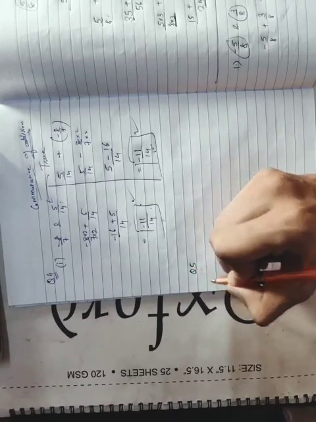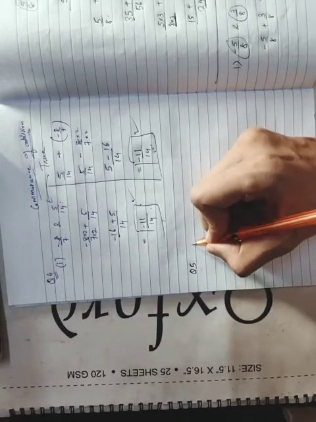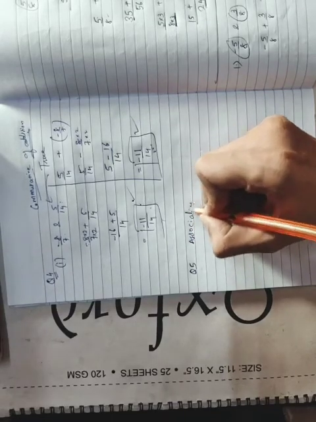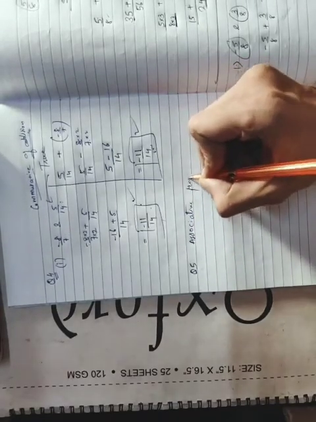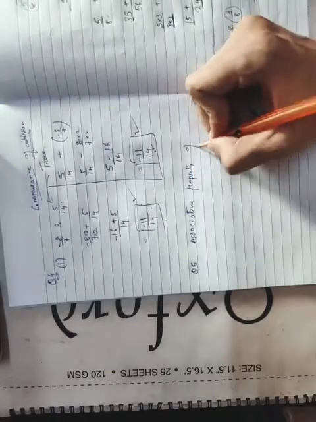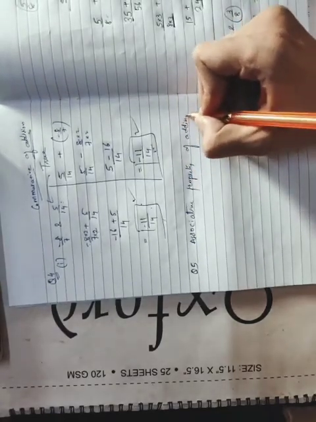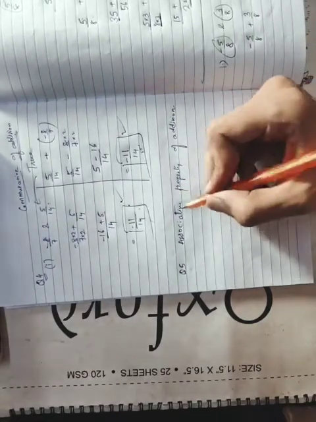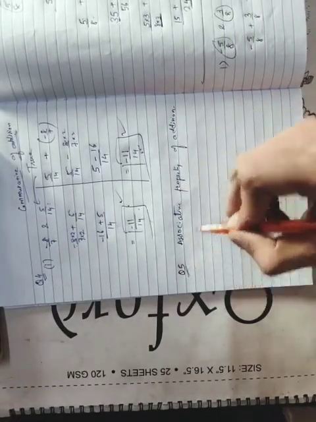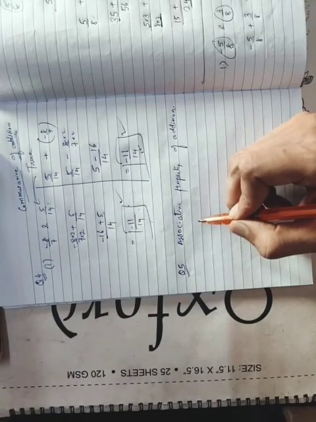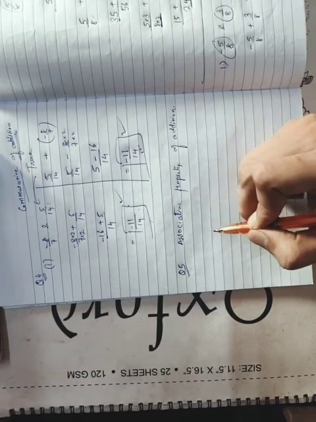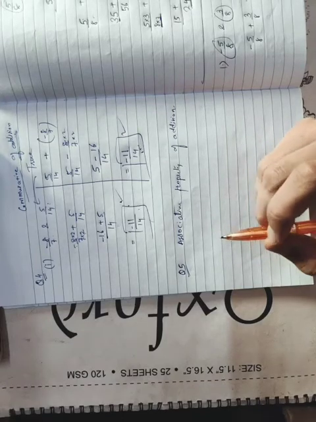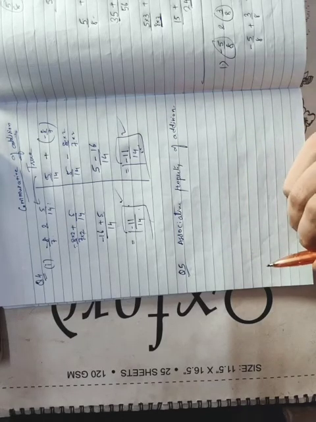Obviously, next one we'll talk about associative property of addition. Question 5 says, for each set of rational numbers given below, verify the associative property of addition of rational numbers.